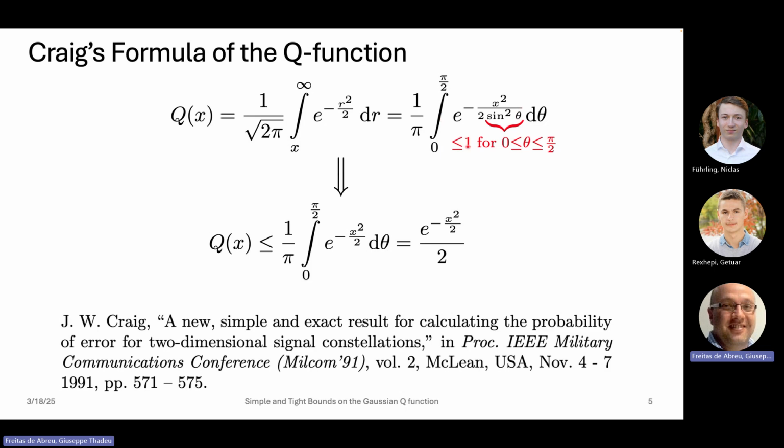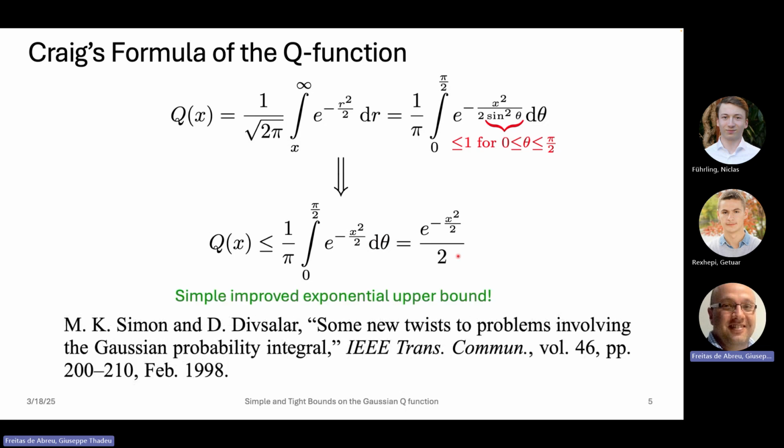So if you simply use this in this expression, you can find easily an upper bound for the Q of x by integration of this function, which is no longer a function of theta, such that the result is immediately obtained as the exponential of minus x squared divided by 2, all of it divided by 2. So essentially, you improve the previous exponential bound obtained via Chernoff by a factor of 2. This was discovered by Simon and Divsalar in 1998.